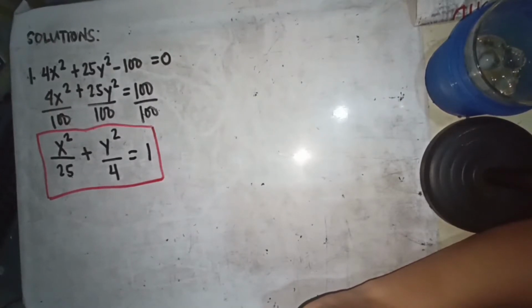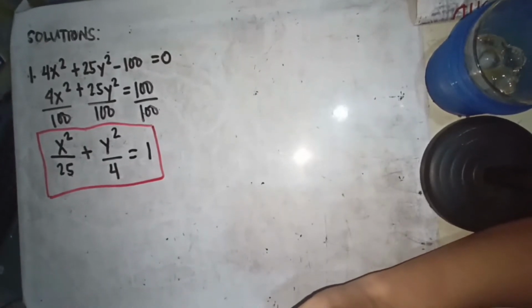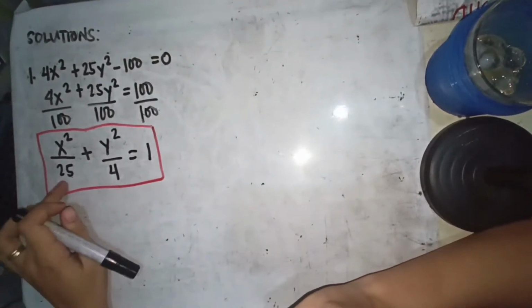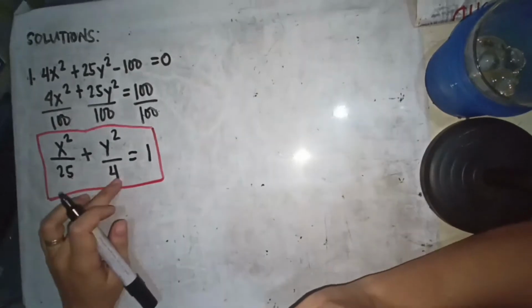So, the first things we get are the coordinates of the center, the value of distance A, and the value of distance B. Remember our standard form of equation, where 25 is greater than 4.